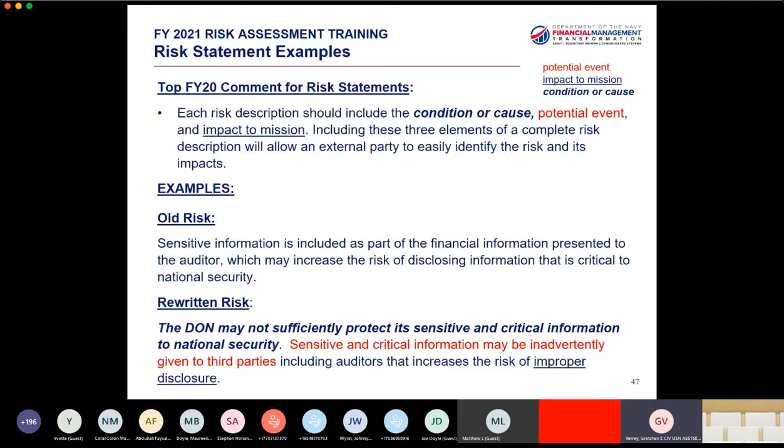Sensitive and critical information may be inadvertently given to third parties, including auditors, that increases the risk of improper disclosure. So I think that the old risk was basically saying the same thing, but as you can see with the rewritten risk, it's more clear to the average reader what could happen and what that impact would have on the organization. Next slide.